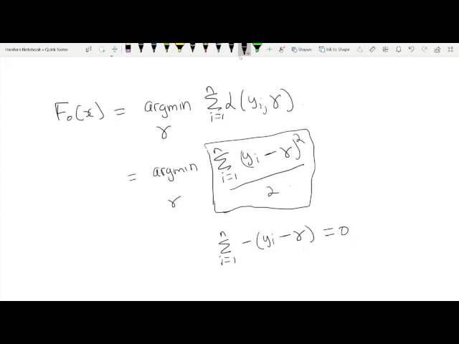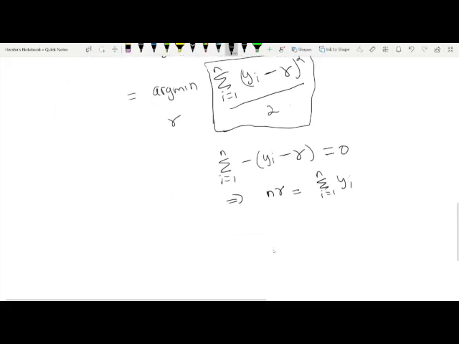So once we equate it to 0, we have n gamma equals sigma i equals 1 to n yi, which means gamma equals sigma i equals 1 to n yi by n, and this is nothing but your mean.